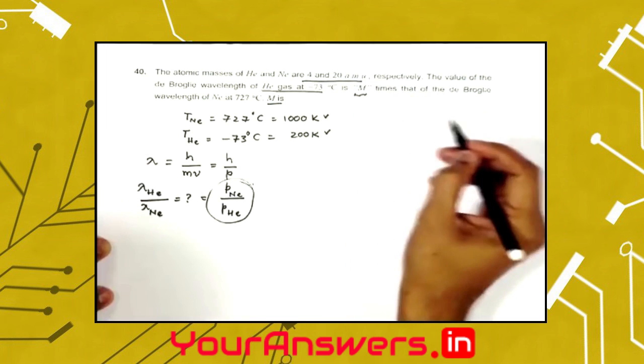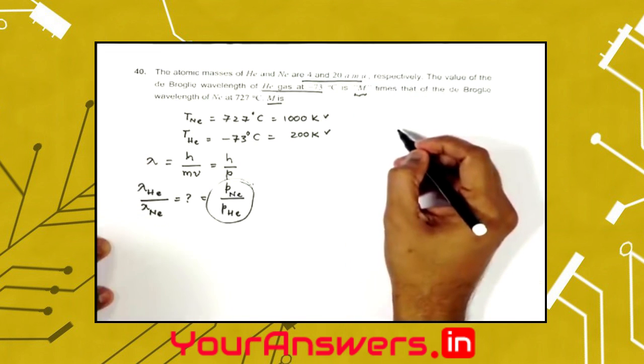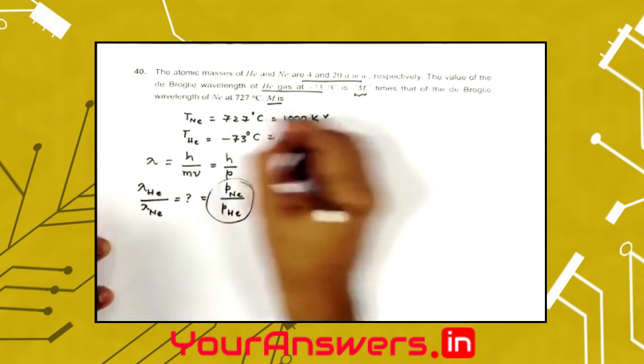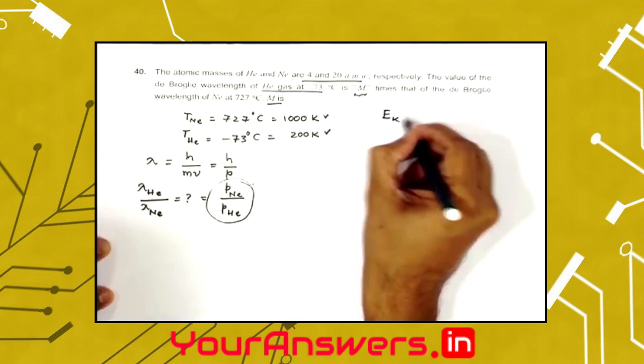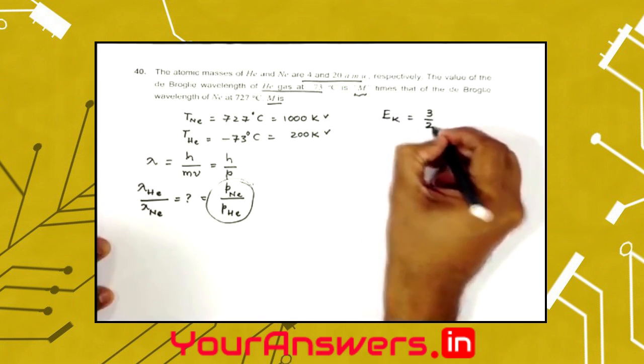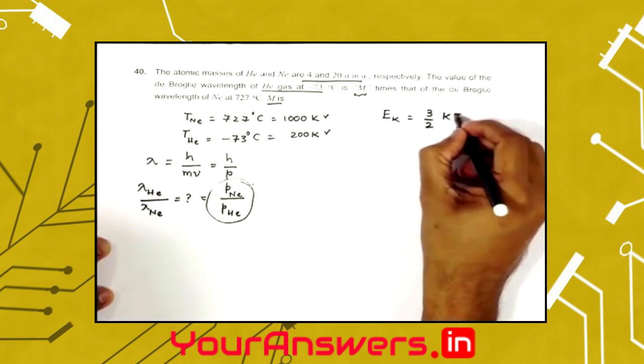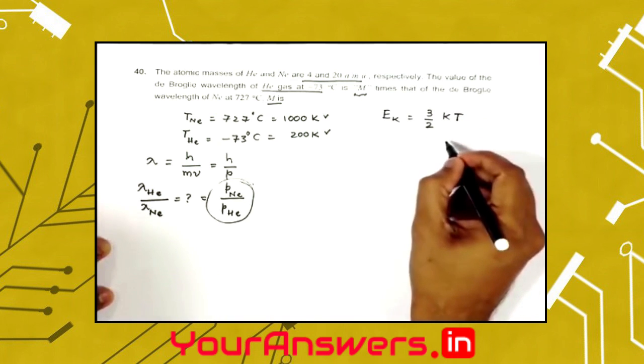We know both helium and neon are monoatomic inert gases. So, the kinetic energy of monoatomic gases is given by 3 by 2 kT, where T is the temperature.